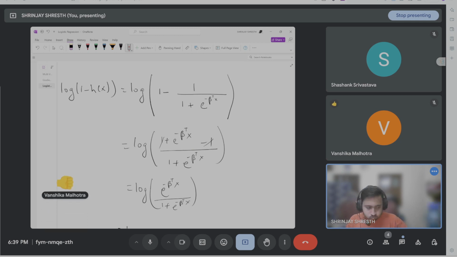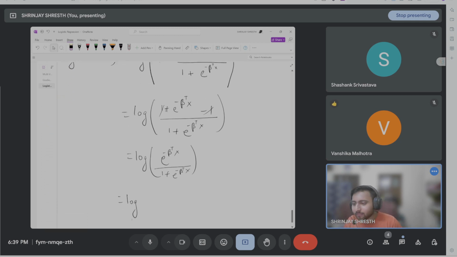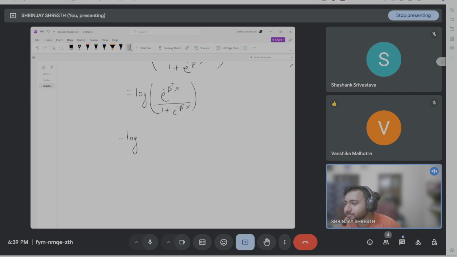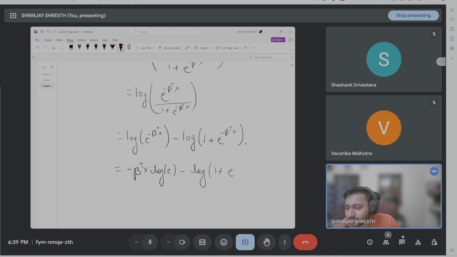Let us go ahead. Now let us reduce this term. This is log of e raised to the power minus beta transpose x minus log of 1 plus e raised to the power minus beta transpose x. Now you can also simplify it this way: this is minus beta transpose x log of e minus log of 1 plus e raised to the power minus beta transpose x.